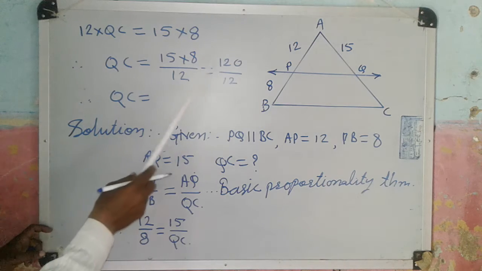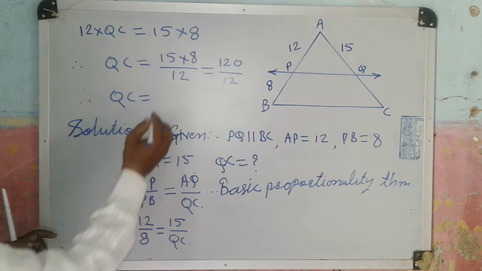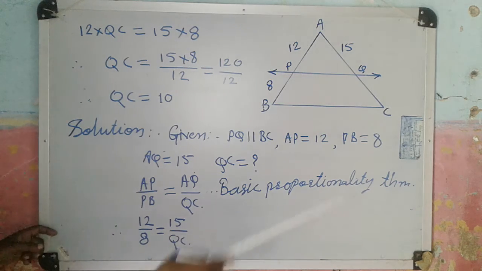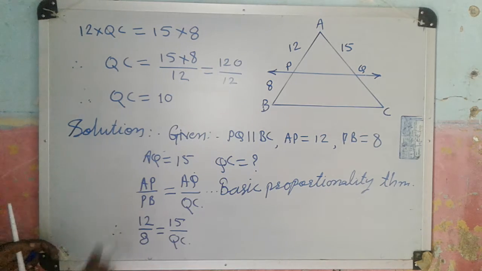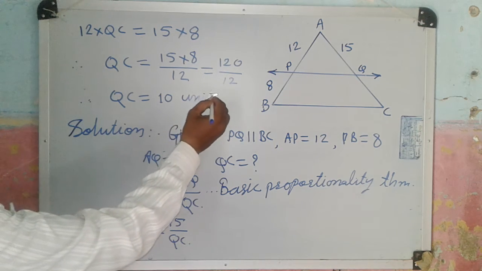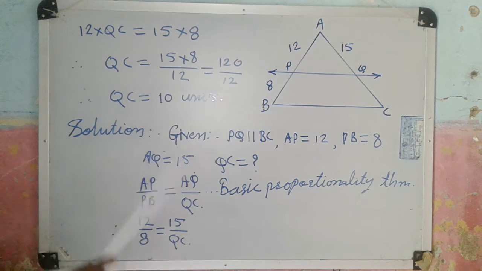So divide 120 by 12, we get 12 tens are 120. So the answer is QC is equal to 10 units. In this way, you can use this theorem to solve the example.